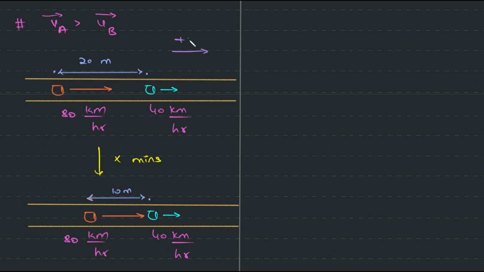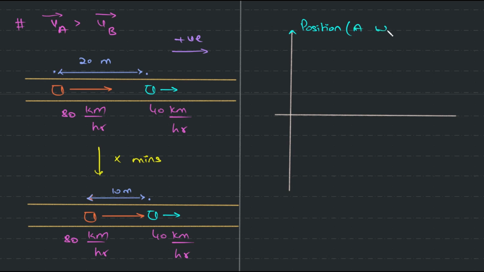If I take right as positive direction, can you guys draw the graph for this? Draw the position time graph. Position of car A with respect to B, and this is time.